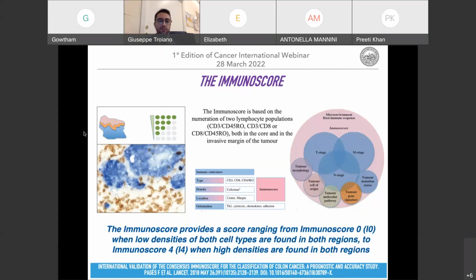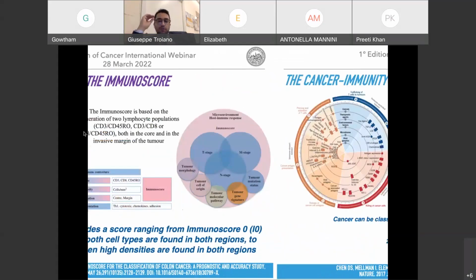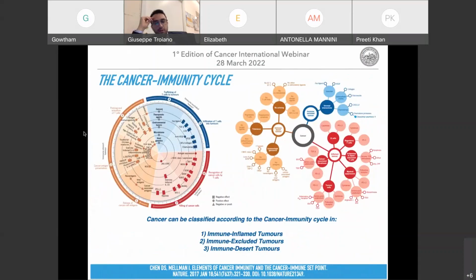So we started to study this also for oral cancer, taking into consideration what Chen and Mellman published in Nature in 2017, where they classified the tumor into 3 different types according to the so-called cancer immunity cycle.